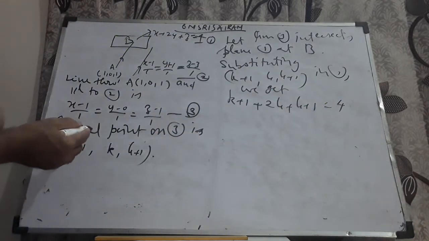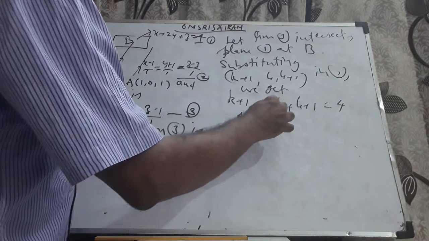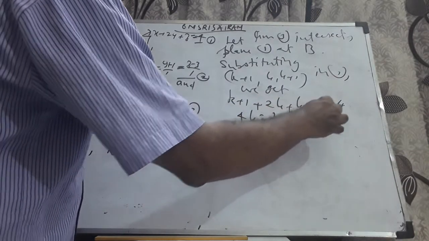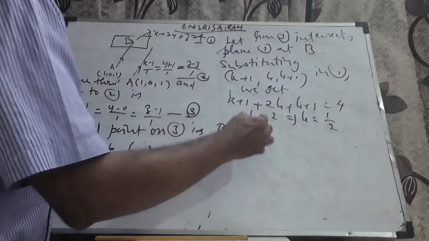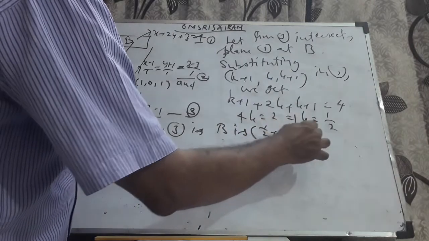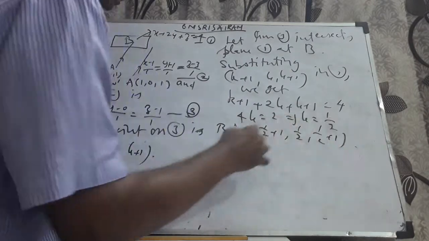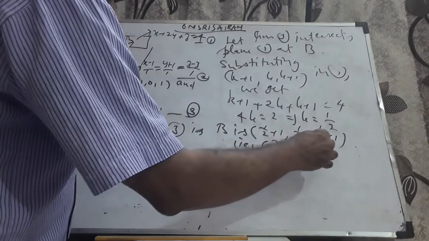Are you able to follow? Now 4k = 2, which implies k is half. Now my point B becomes (1/2 + 1, 1/2, 1/2 + 1), that is (3/2, 1/2, 3/2).